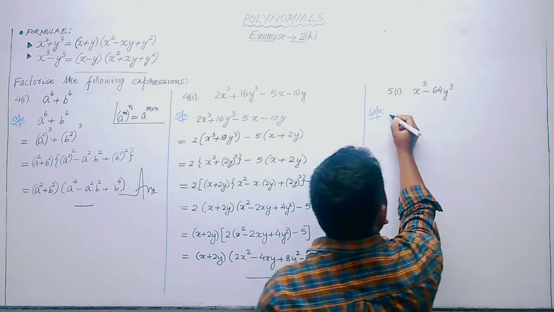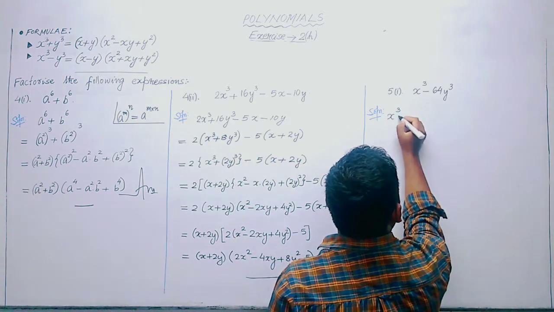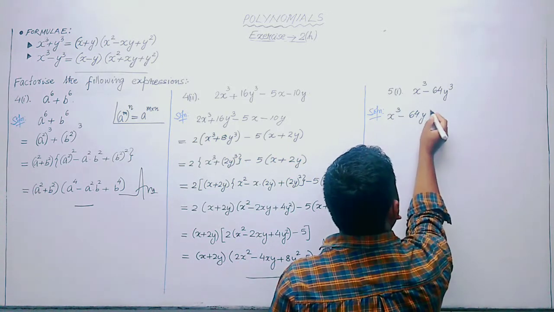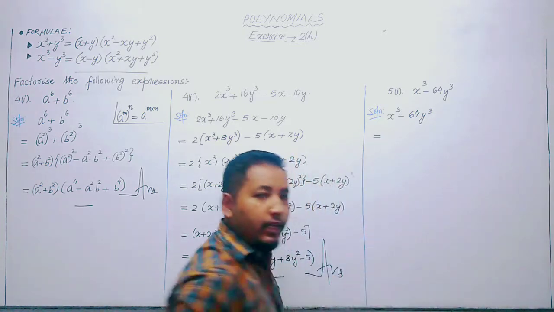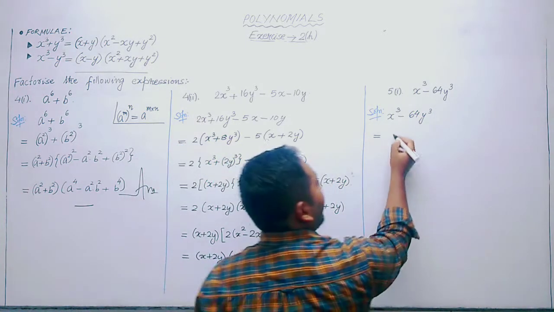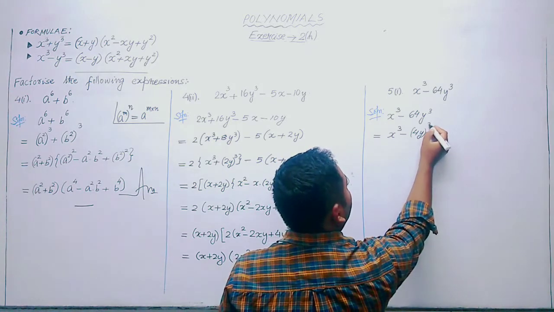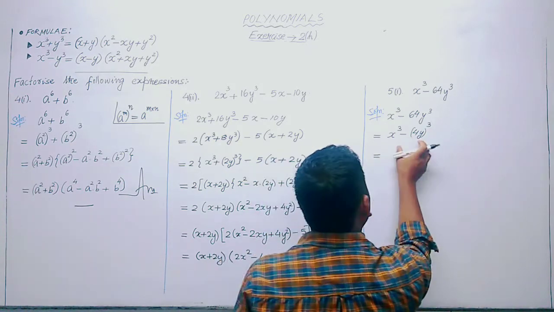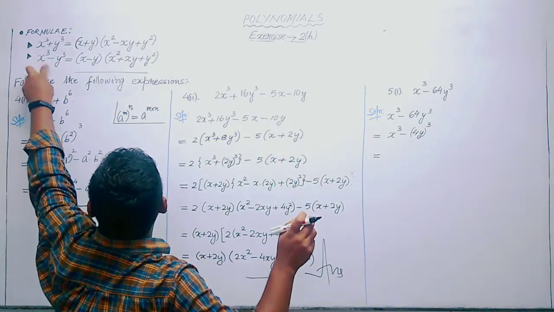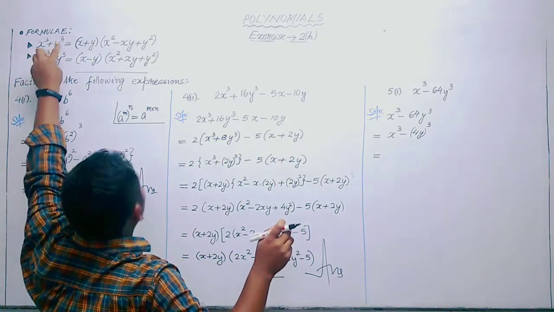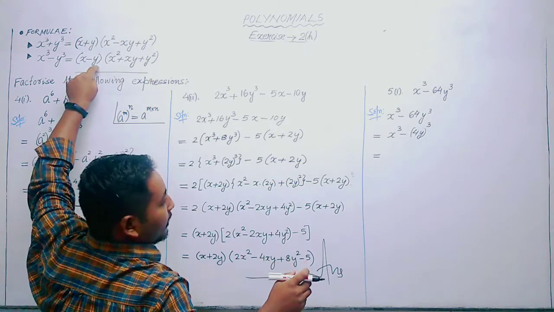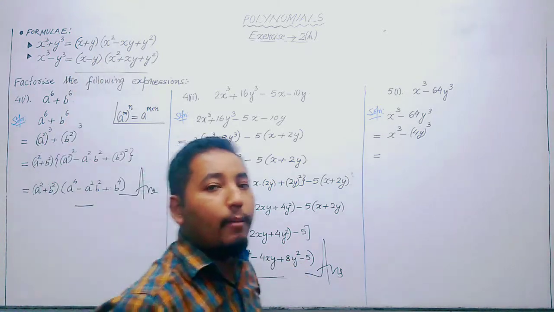Now if you look at this question number 5, sub number 1, you will have, again, convert it in the form of a cube. I can write down x cube minus 4y whole thing cube. Now if you compare this one with identity in formula number 2, you have x cube minus y cube, which says x minus y into x square plus xy plus y square.